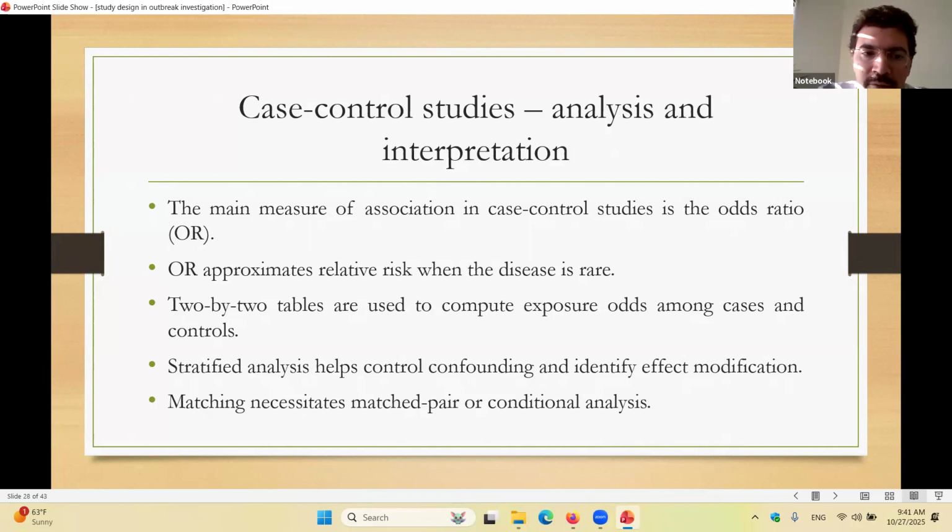And the other point is for the last but one bullet, regarding stratified analysis for identifying effect modification. Effect modification is a term used for interaction, to show whether an effect is different in different strata of a third variable.